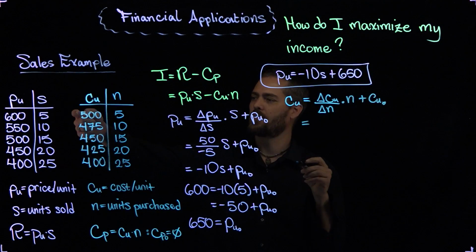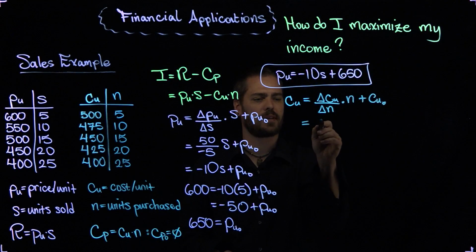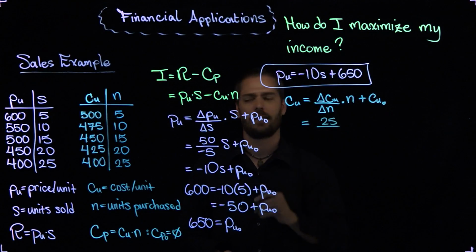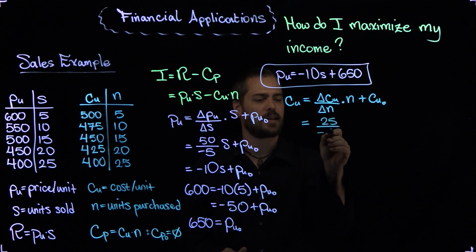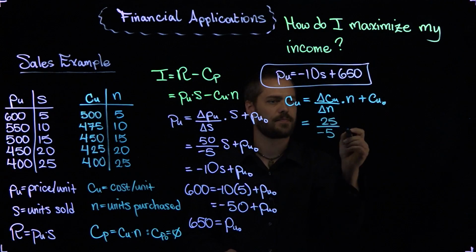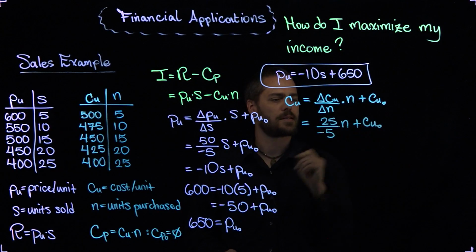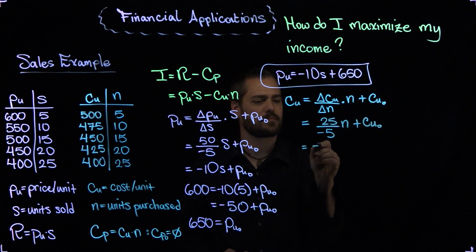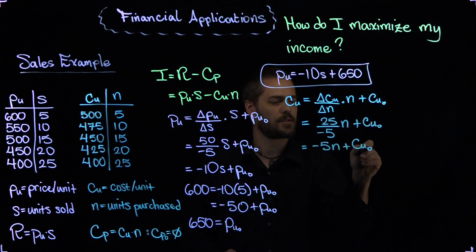And let's just say we went from 500 to 475 for my change in cost per unit, so that's a change of 25, 500 minus 475. I'm going to go the same direction. 5 minus 10 is negative 5 for the number of units sold. I still have my times n plus this initial value. Keep going. This looks like negative 5n plus the initial quantity.